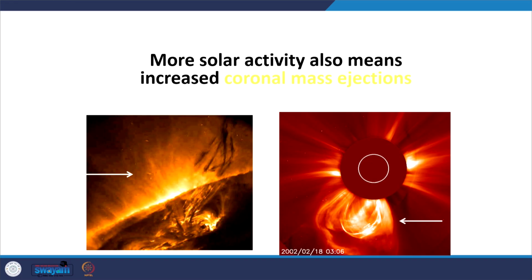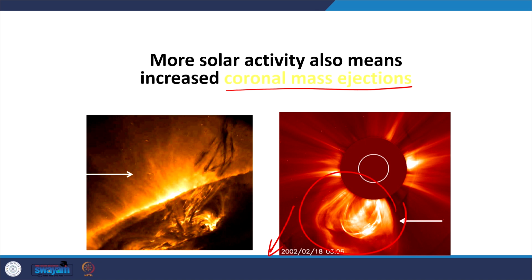So more solar activity also means not only increased solar flares, more solar activity also means increased coronal mass ejection. This image that you see on the bottom right of the slide shows a beautiful coronal mass ejection leaving the sun, moving towards the outer solar system.